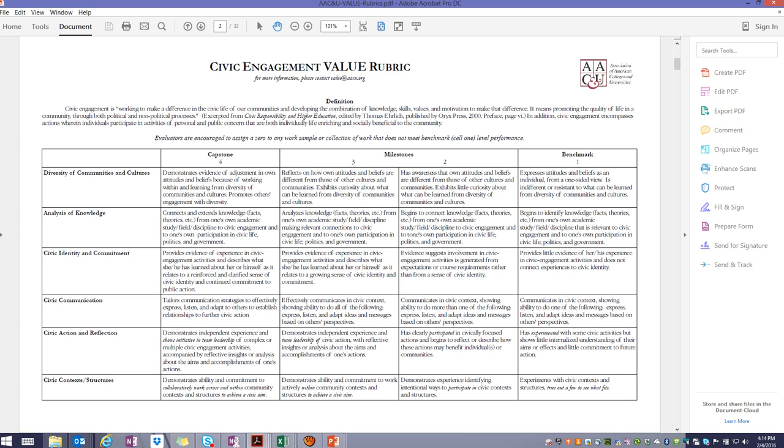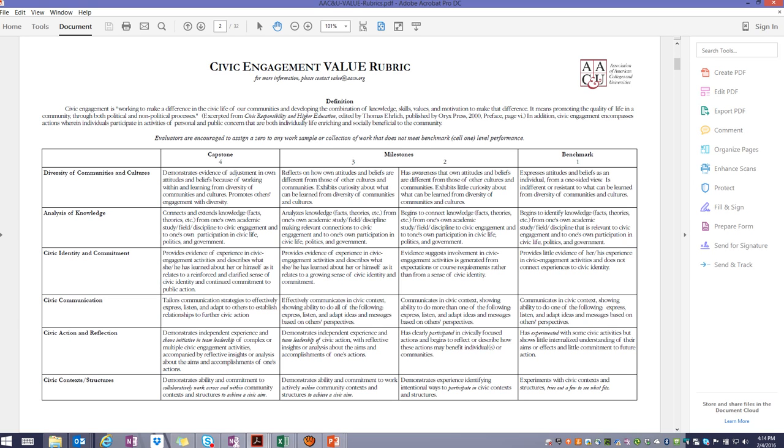So I think I'm going to stop there because I'm at 13 minutes. But what you can do is you can look in the two examples, and you can see how the students last semester did their projects.